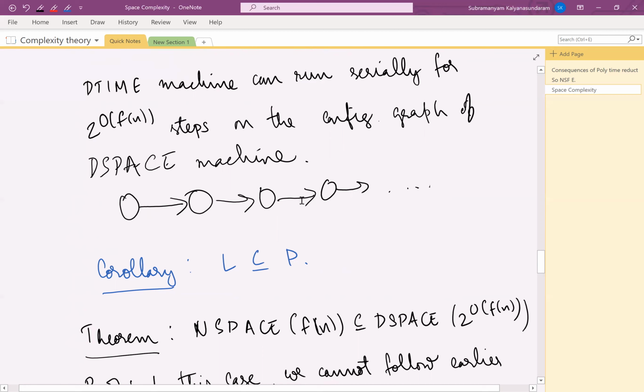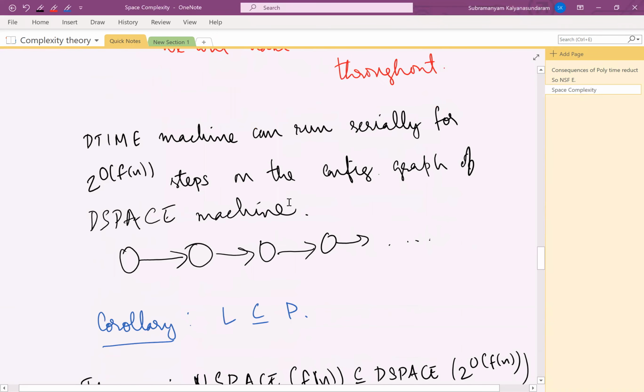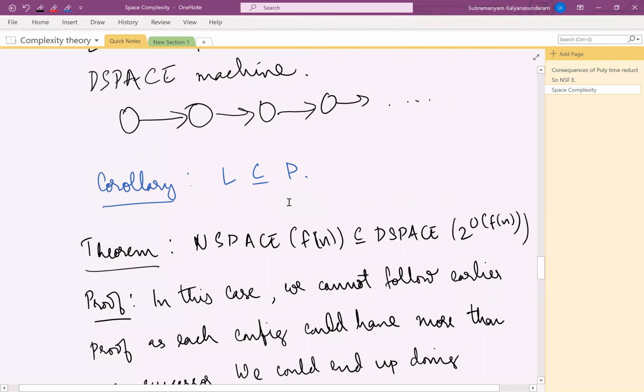In the case of a non-deterministic machine or an NSPACE machine, I'm sorry, there is a typo here, which I will erase and fix. So in fact, I think what I had originally written was correct, but this is better, right?